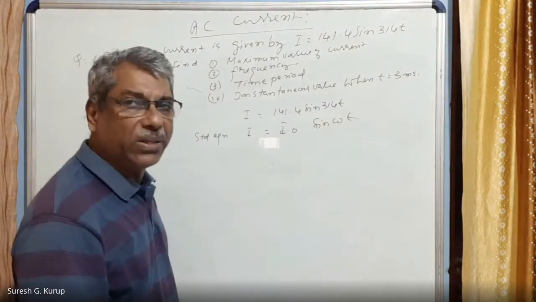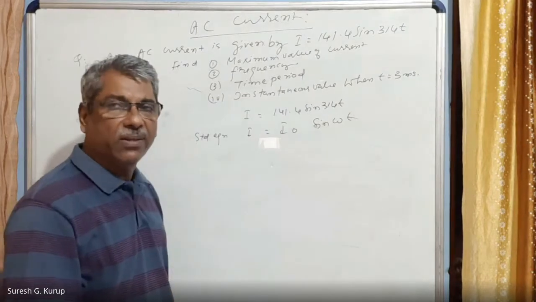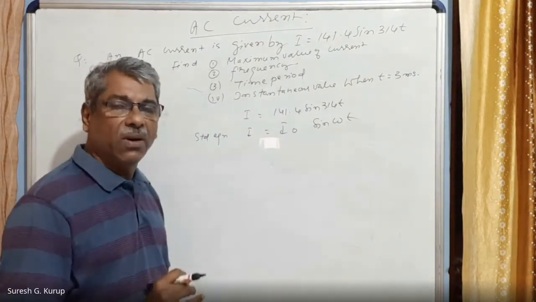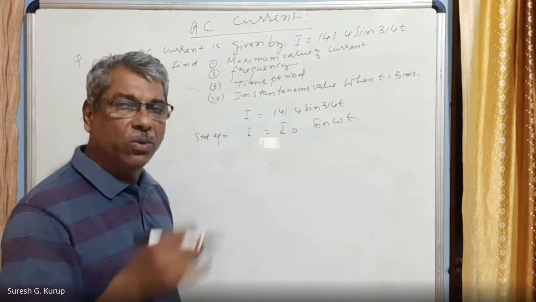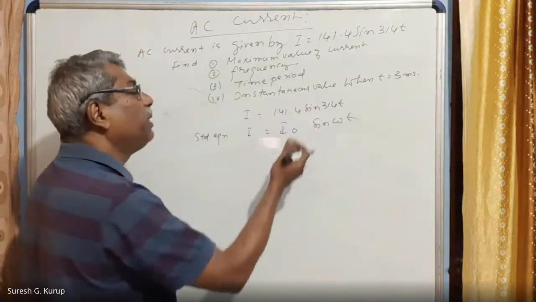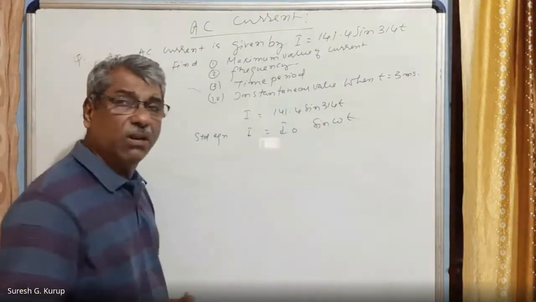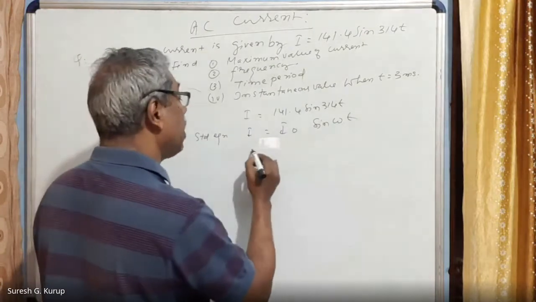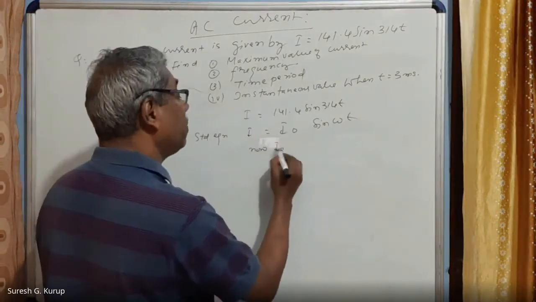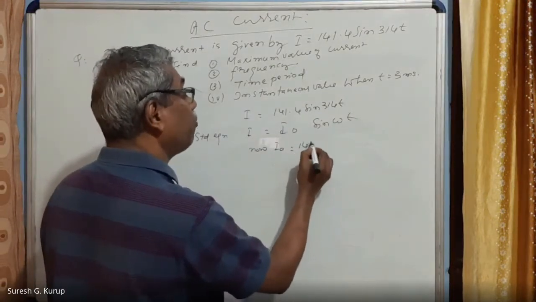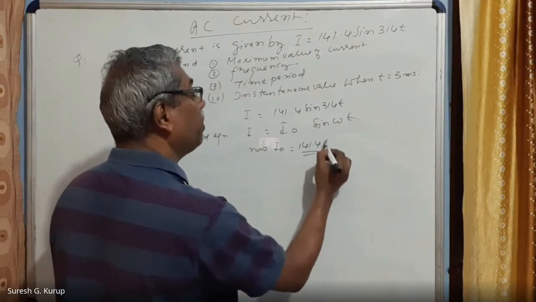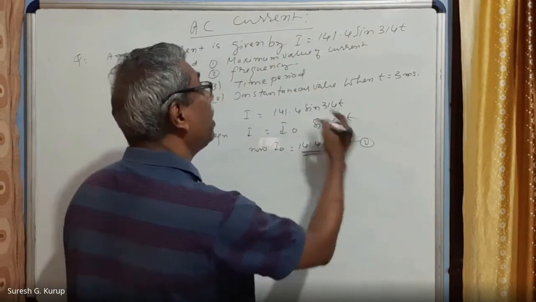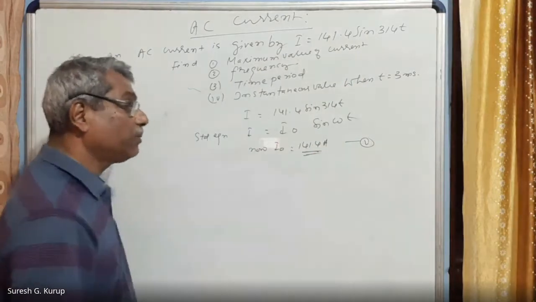Maximum. Maximum value of current is also called peak value of current, or sometimes amplitude of AC current. So by comparing, we can write I0 is equal to 141.4 ampere. This is the answer to the first question, right?